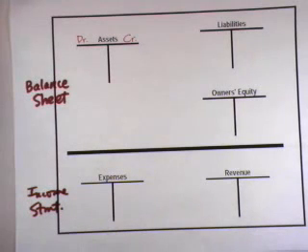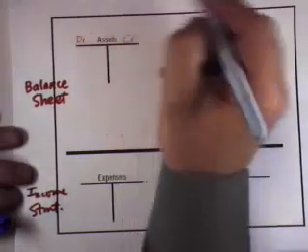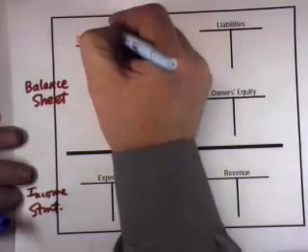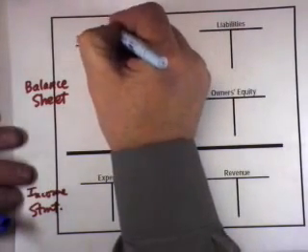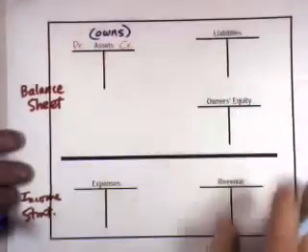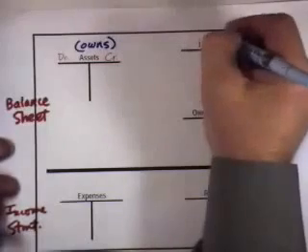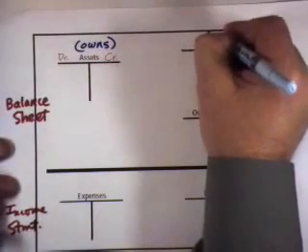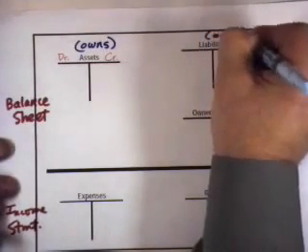So assets, a good way to remember what that is, these are the costs of everything that the company owns, whereas liabilities represent everything that the company owes to someone else.